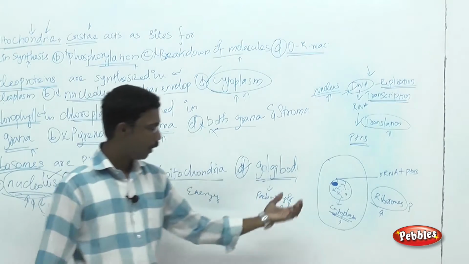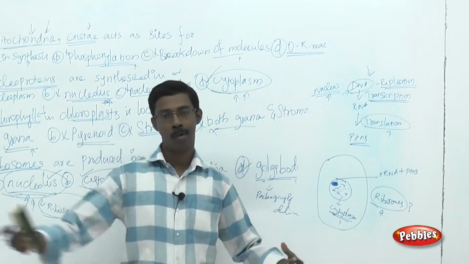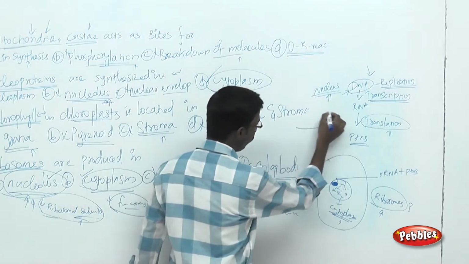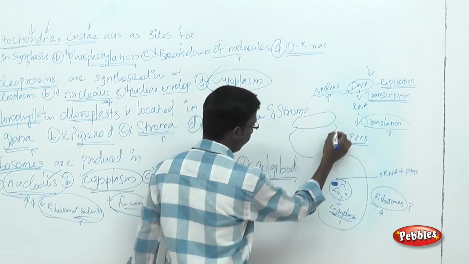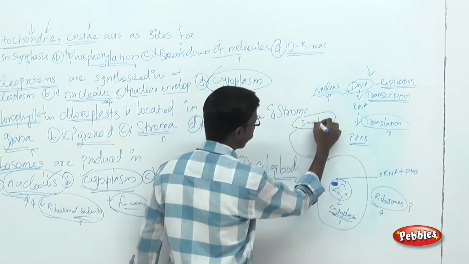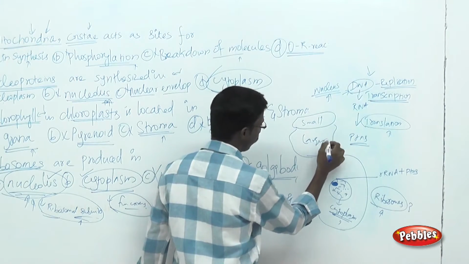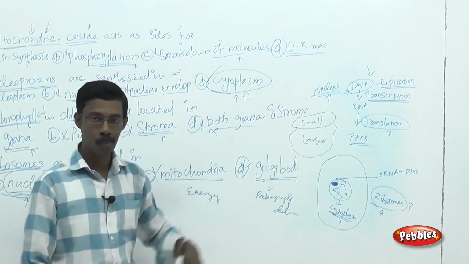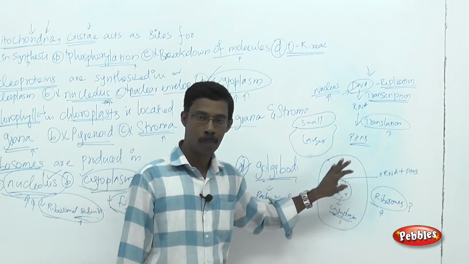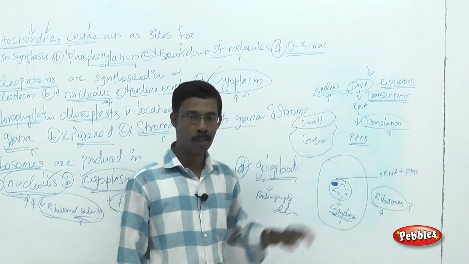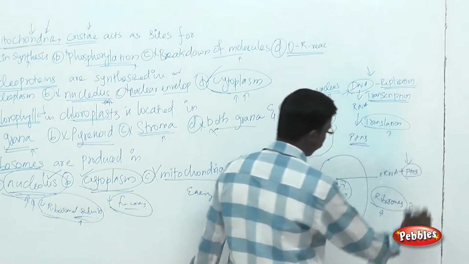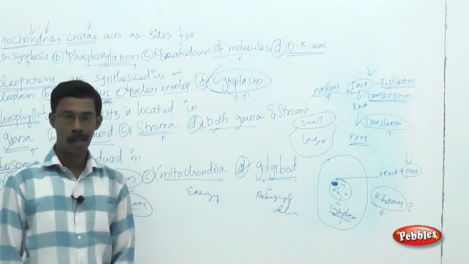Assembly means they assemble the rRNA molecules along with some proteins, and they make the subunits of the ribosomes: the smaller subunit and the larger subunit. Who is doing this job? The nucleolus. That means they require proteins for making the ribosomes.